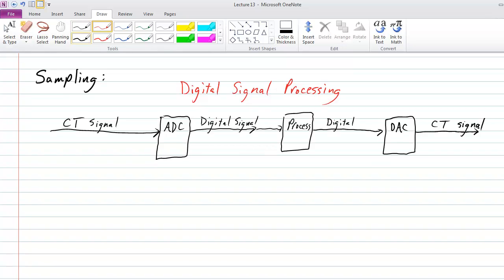Now, this digital signal, what we mean by that are a couple of things. One is that it's discrete time. And also, it's quantized.